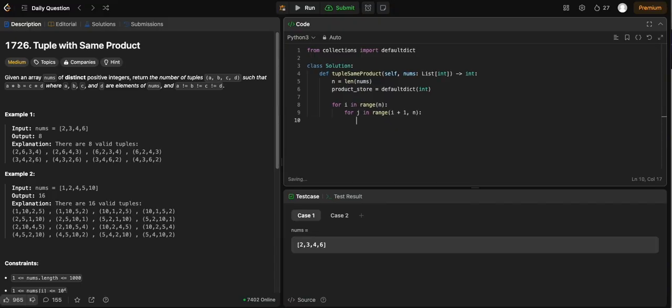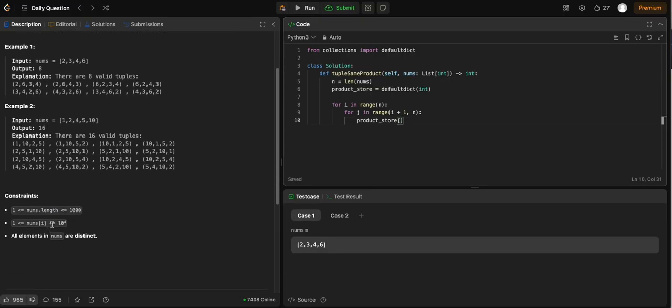So all we have to do right now, we just do product store, and well, actually, all the numbers are 10,000 or below. So we are guaranteed to not have really big integers. Well, it doesn't really matter in Python because Python numbers are boundless, but it's just something to bear in mind.